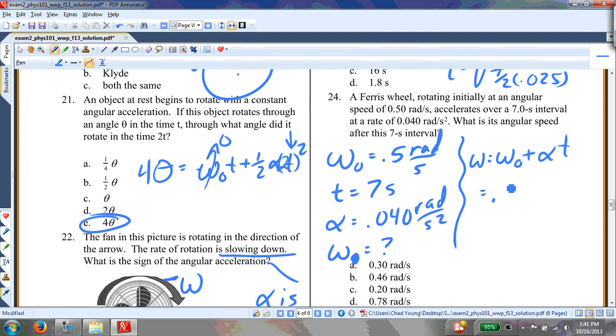And simply plug it in, so I have 0.5 radians per second plus 0.04 times t, which is 7 seconds. I get 0.78 radians per second.